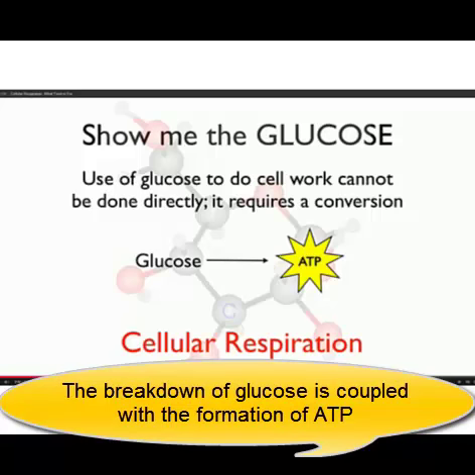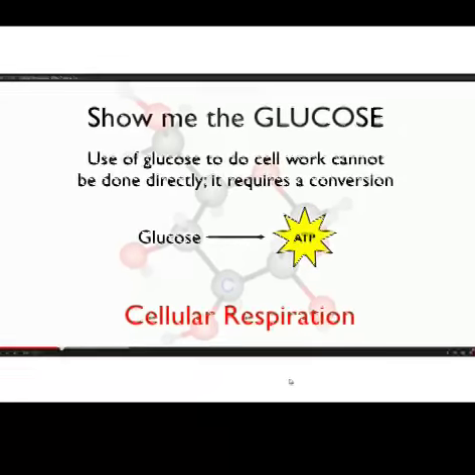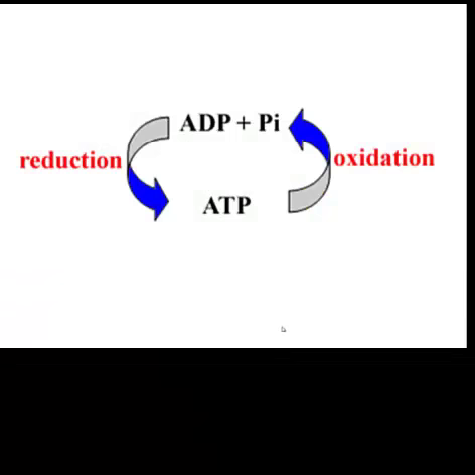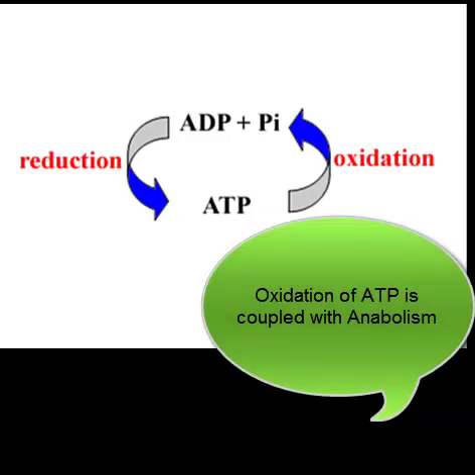And this basically is what cellular respiration is. It's a set of reactions that break down glucose in a way that captures that energy and puts it into a molecule that the cell can use to do cell work. Here is our reaction of ATP to ADP and ADP to ATP.